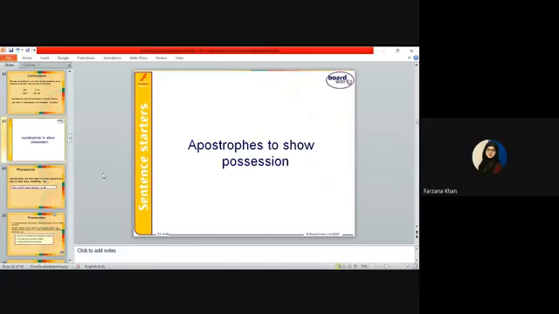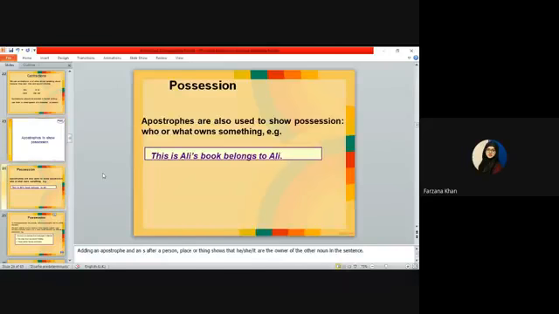Apostrophe is used to show possession. How is it used to show possession? You can see that in the sentence. Apostrophes are also used to show possession, who or what owns something. Adding an apostrophe and an s after a person, place, or thing basically shows that he, she, or it is the owner of another noun in the sentence.